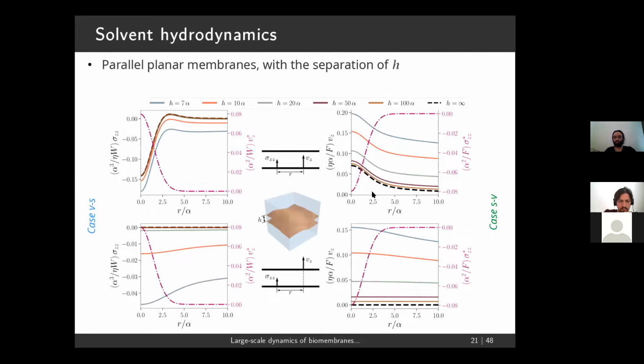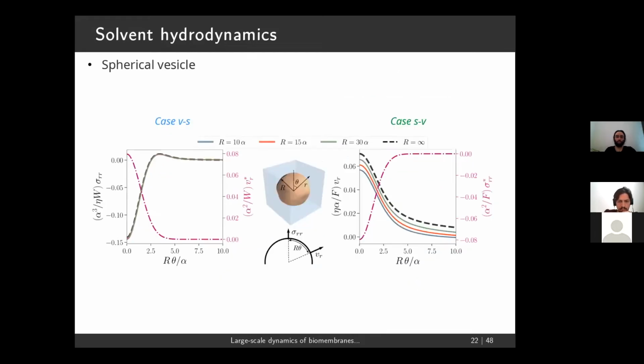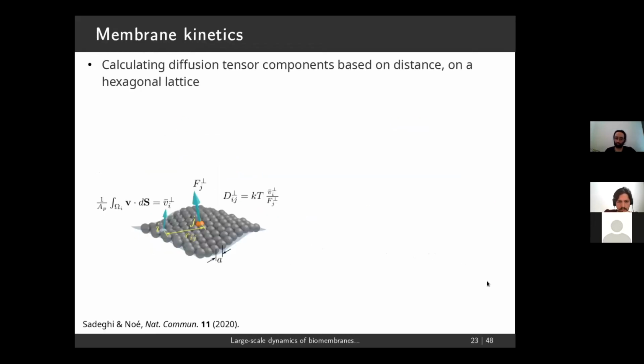These are solutions that I found when we have a parallel set of membranes with different separations, as well as spherical vesicles. I have omitted ugly looking expressions and semi-analytical ways of finding these, but basically the end result is that we know the stress distribution or the velocity distribution for a certain prescribed boundary condition.